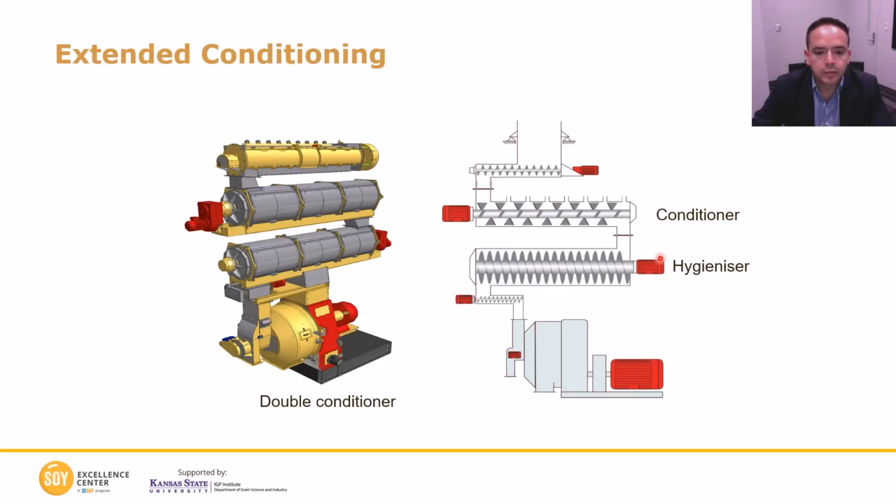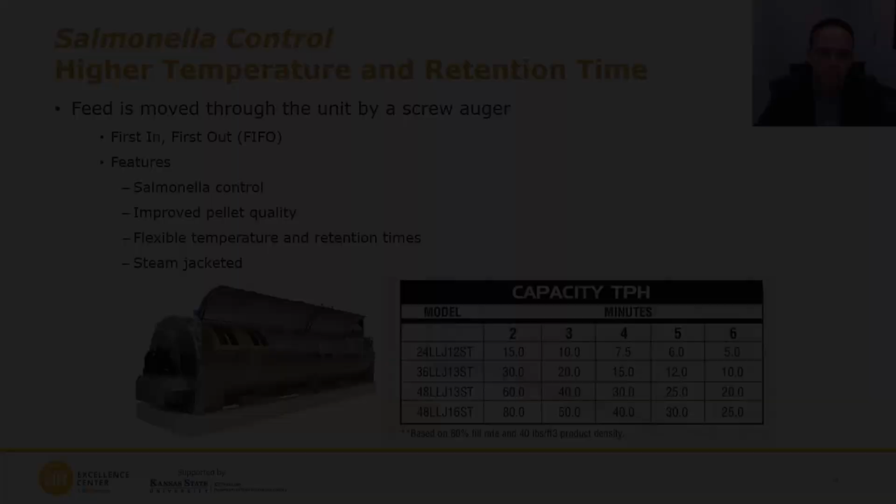And if you want to increase retention time during conditioning, then you can use hygienizers. And these hygienizers are typically used by the genetic companies to produce salmonella-free feed. Because in the hygienizer, you can increase the retention time up to 5 minutes, and that's going to eliminate any salmonella that might come in the ingredients.